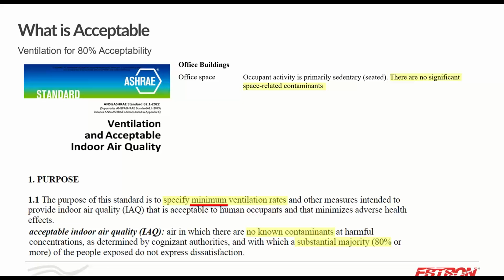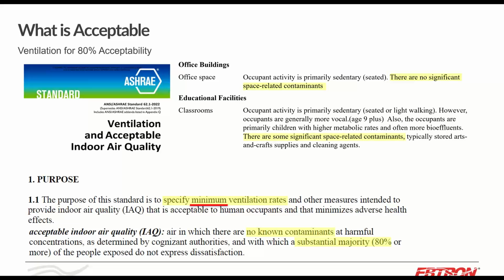In ASHRAE 62.1, we're looking at what's in the space. Well, we look at normal contaminants in the space, things that we can assume are going to be there based on the materials in the space. But for an office, we don't consider anything really related there, any significant level of contaminants. In a classroom, there may be some small bit of significant related contaminants, maybe glue or paste or paints or chemical stuff in a chemistry class.